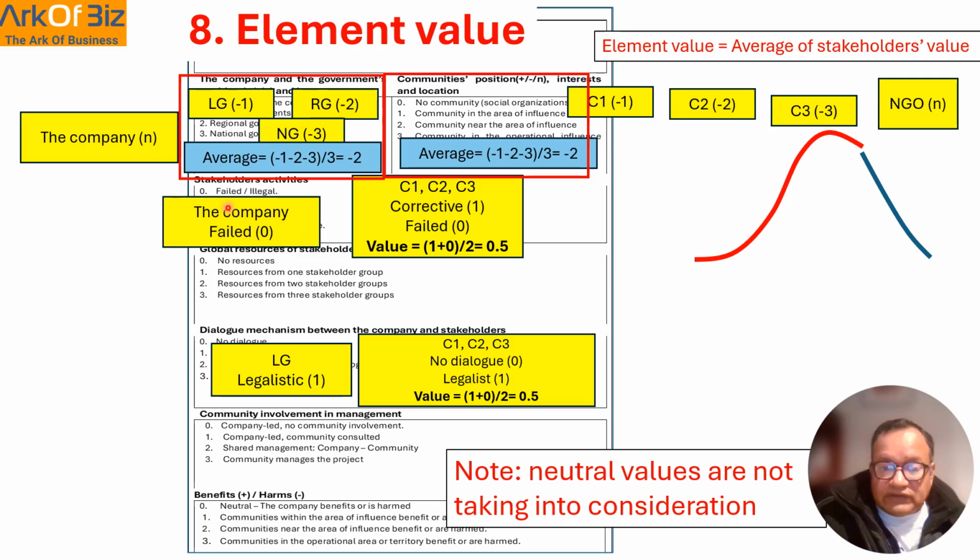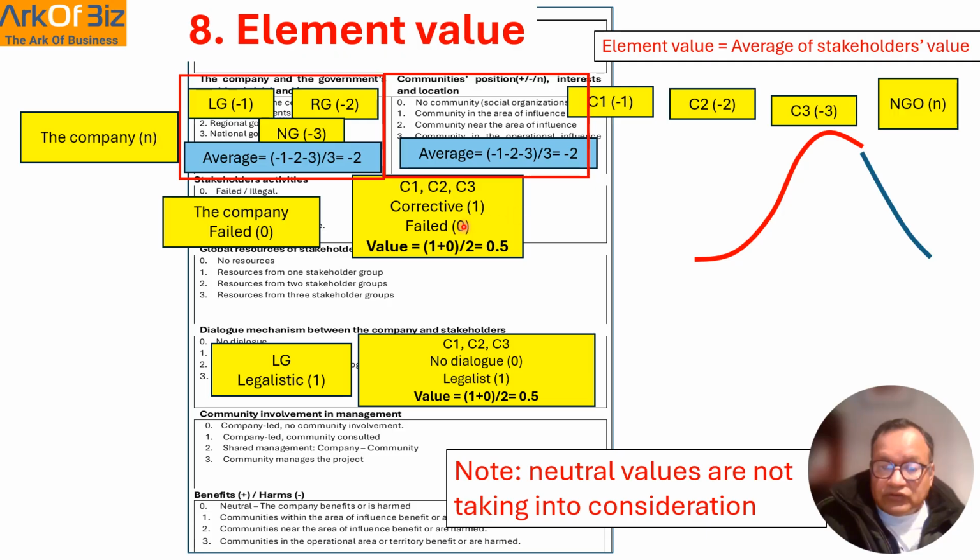In the case of stakeholder activity, we have the company. In this case, the company has 0 value. And we have communities 1, 2, and 3. They behave in the same way. They form a group here, and they perform two different activities. First, they perform corrected activities, value 1, and after that, they perform failed activities, value 0.